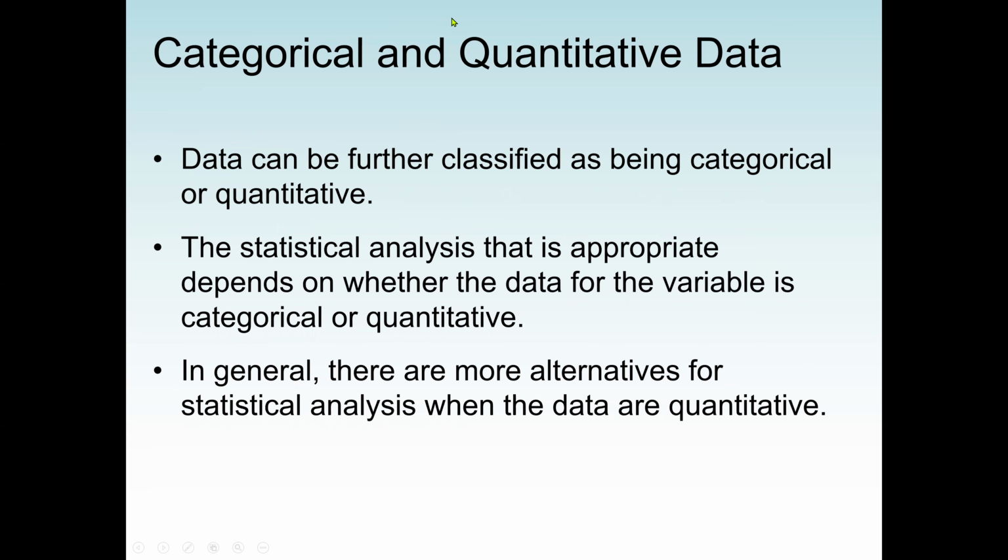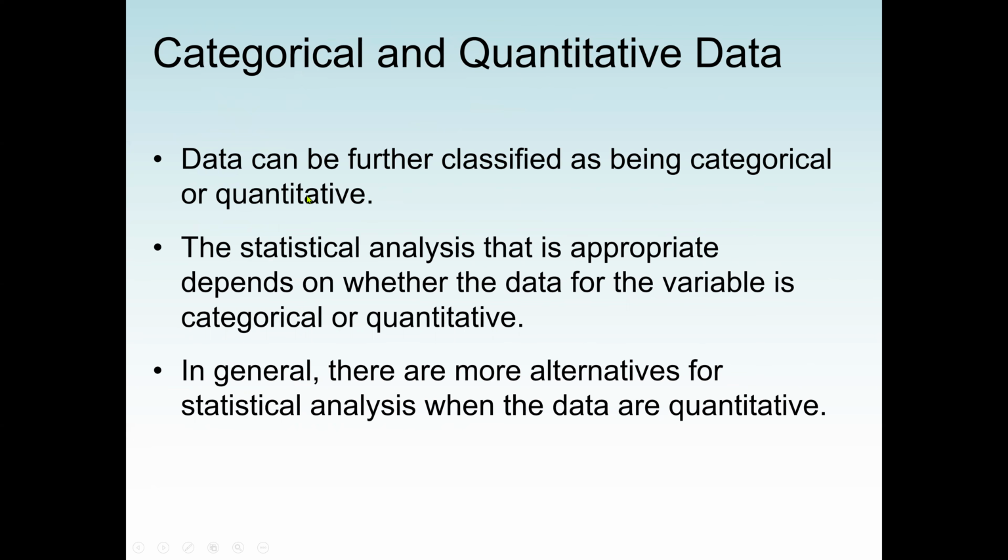Now, data can be organized in two forms, either categorical or quantitative data. Sometimes for the term categorical we also use qualitative. So most of the time we will see quantitative and qualitative. Quantitative means it's numerical data on which we can perform arithmetic or analyze it.